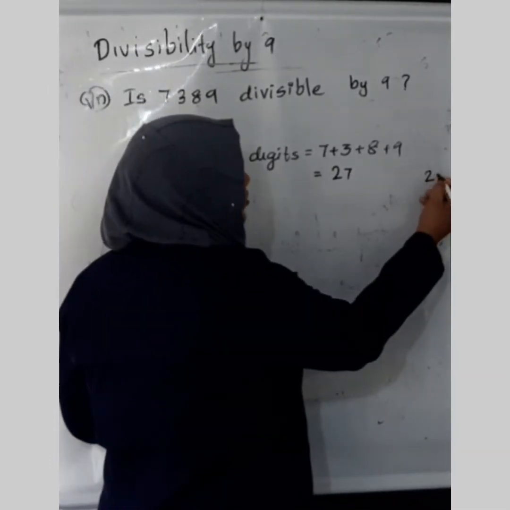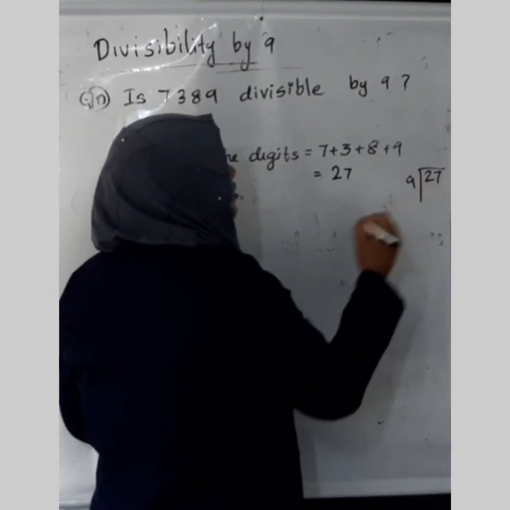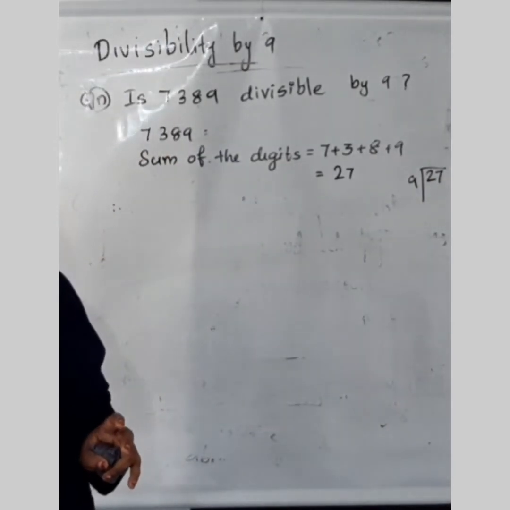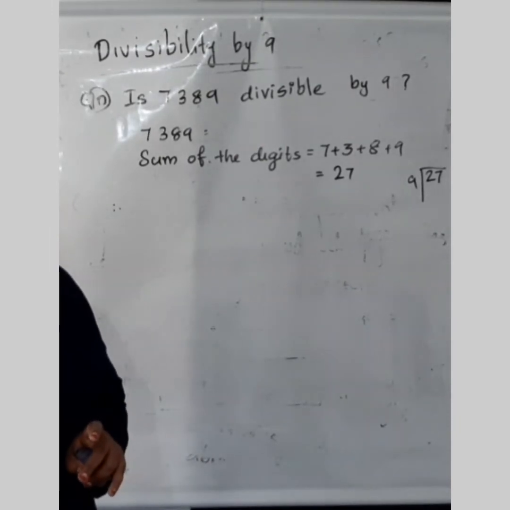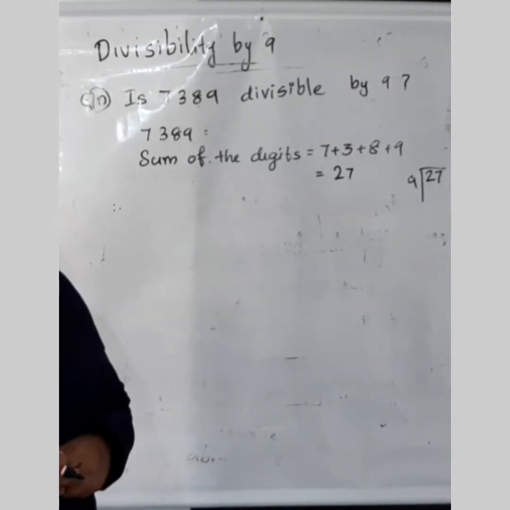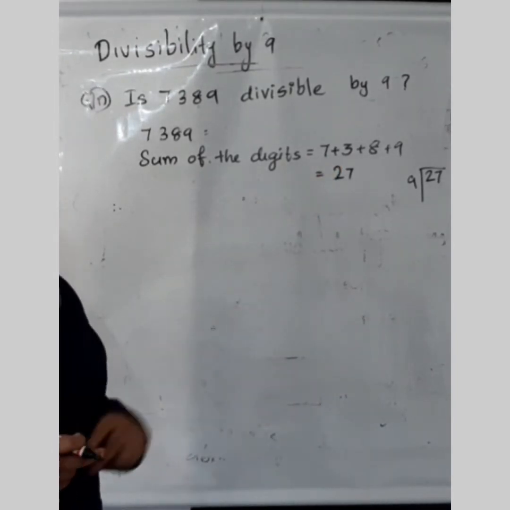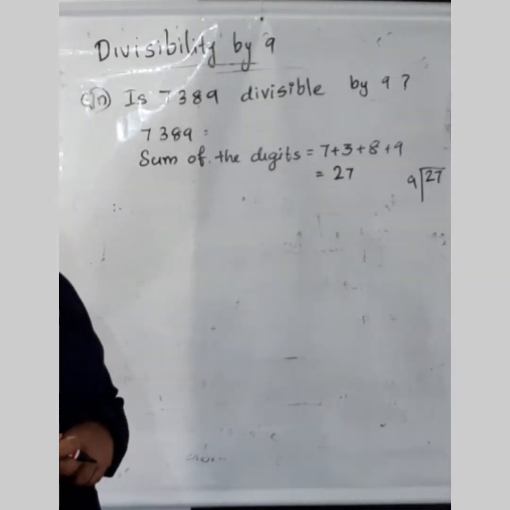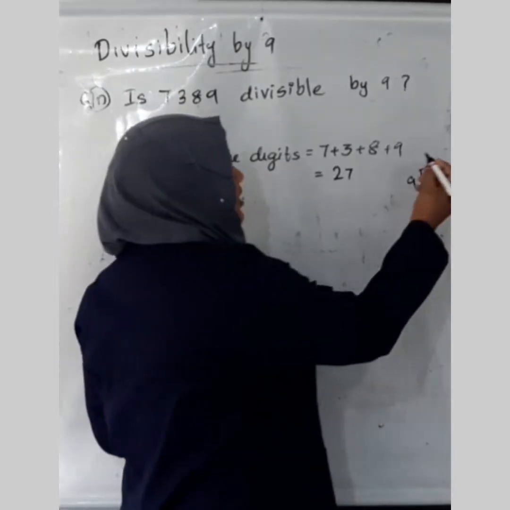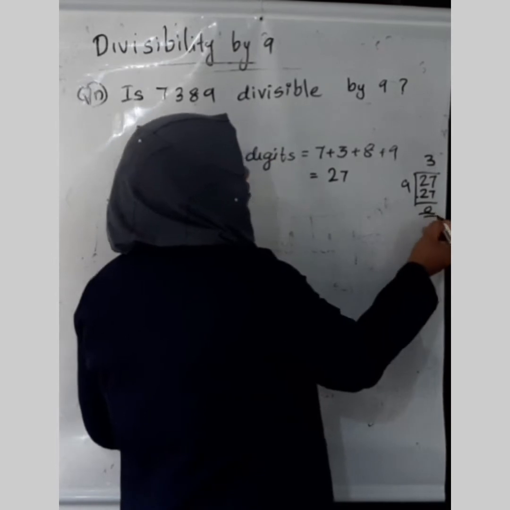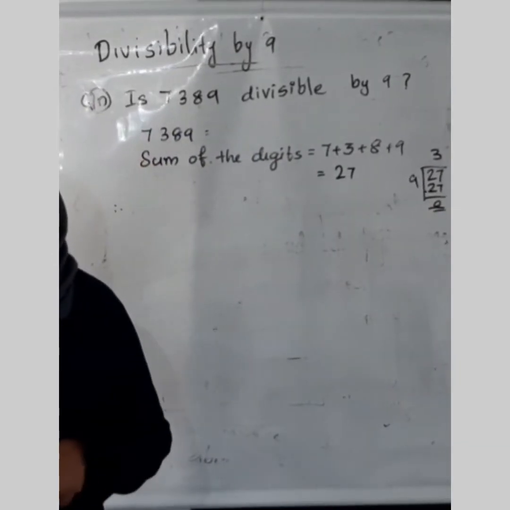Then we have to divide it by 9 and find whether the remainder is 0 or not. How many 9s are there in 27? 1 into 9, 9, 2 into 9, 18, 3 into 9, 27. So here 3 nines are 27. So 27 minus 27, 0.